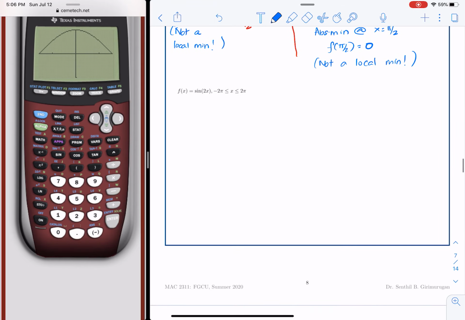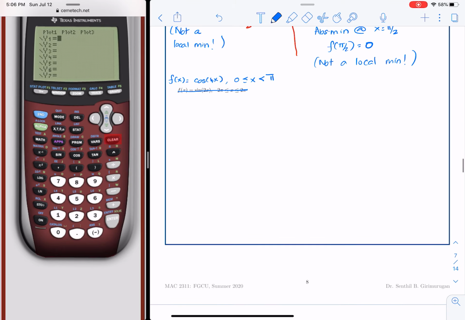Let me go ahead and change this problem a bit. Maybe I will change this problem to f of x equals cosine 4x, with 0 less than or equal to x less than pi. Okay, so let's go back here.